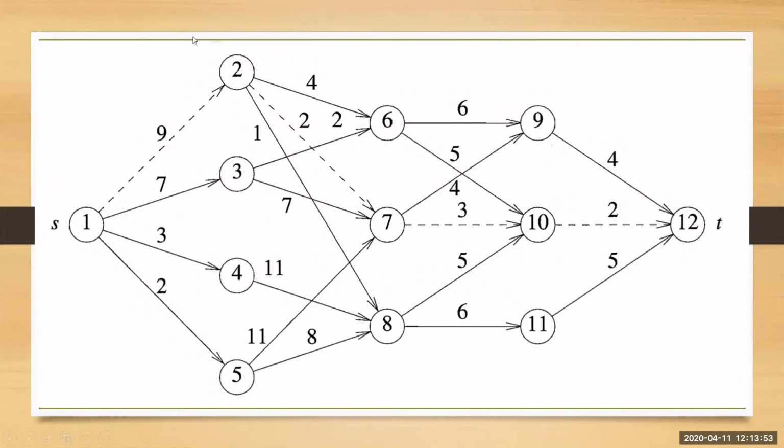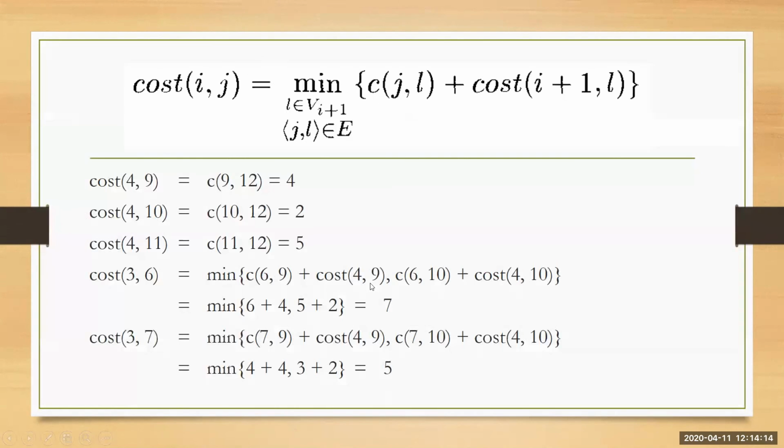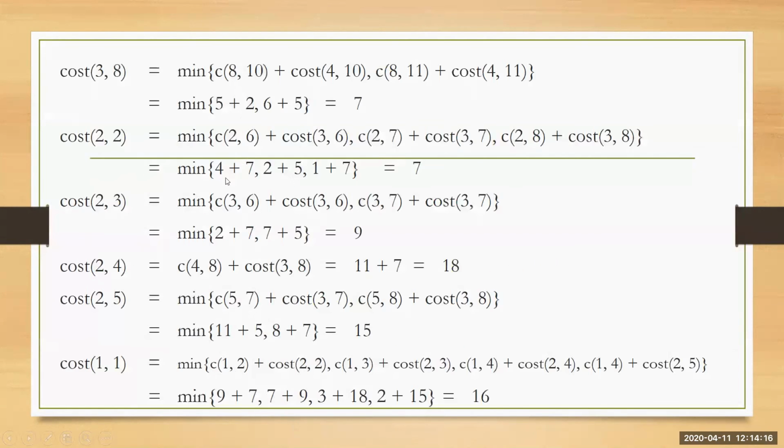C of 2 comma 6 plus cost of 3 comma 6, that is one value, comma C of 2 comma 7 plus cost of 3 comma 7. Next, C of 2 comma 8 plus cost of 3 comma 8. So like this, you enter all the values and you'll get some value.